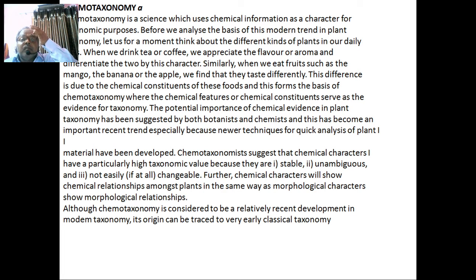Similarly, when we eat fruits like mango, banana, apple, we find the taste is different. The potential importance of chemical evidence in plant taxonomy has been suggested by both botanists and chemists, and this has become important in recent years, especially because newer techniques for quick analysis of plant material have been developed.